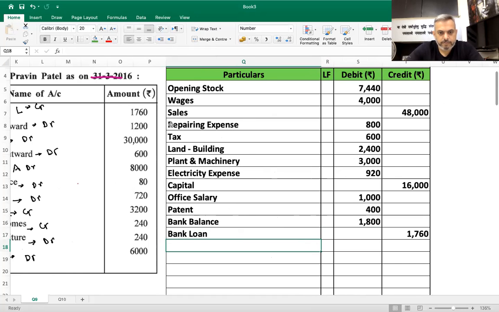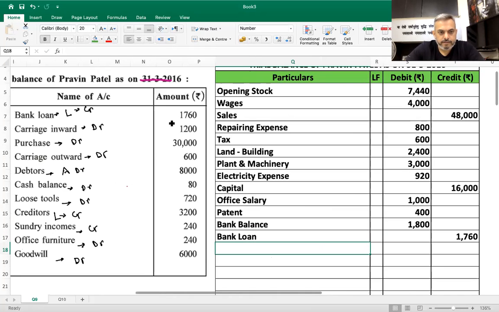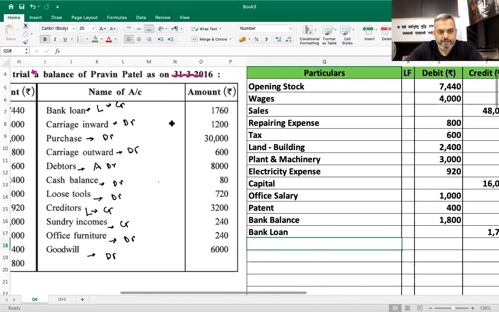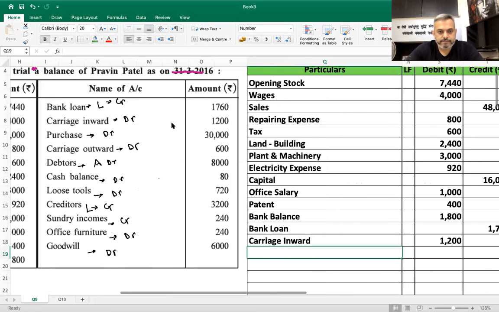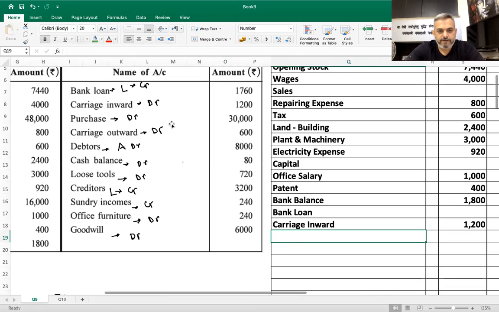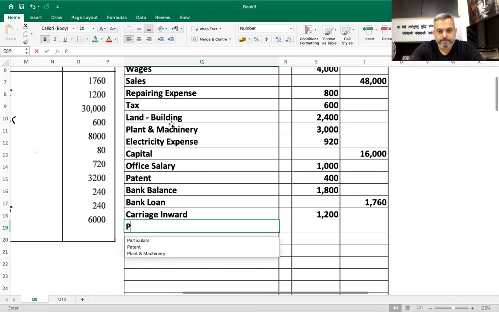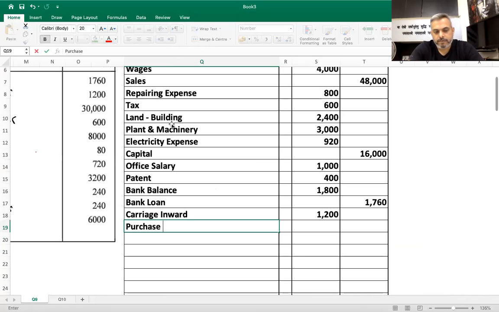Then carriage inward, it's an expense 1200. Purchase goods comes in debit 30,000. Purchase account will always have a debit balance 30,000.